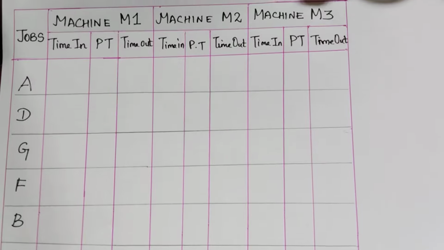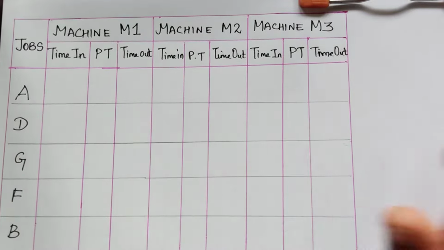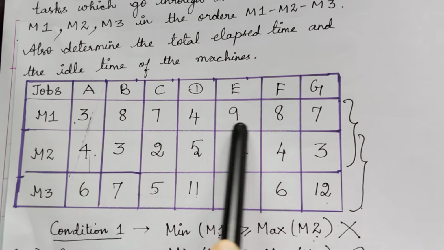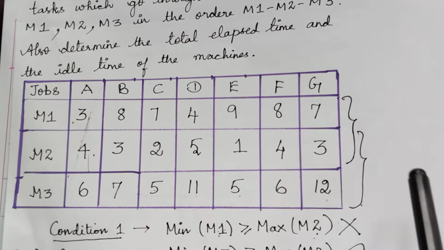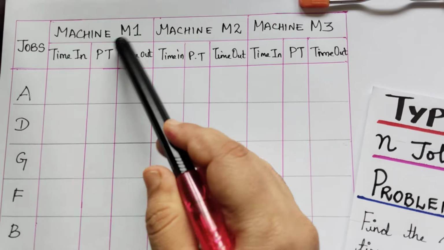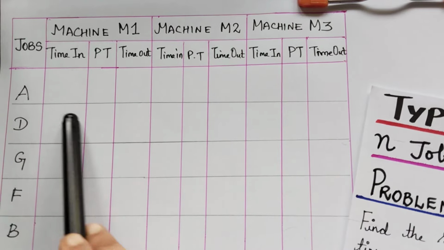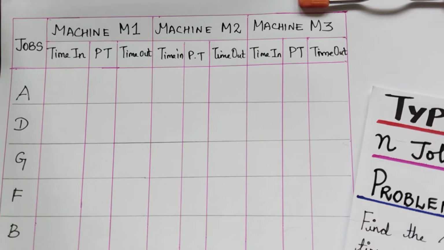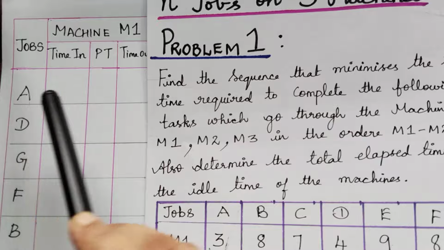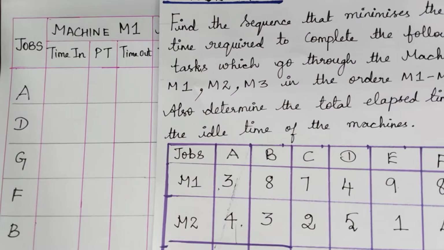Now we shall fill in the processing times of machine 1, machine 2 and machine 3 that we have in the question. So these 3 we have to take and fill in here. Here we fill the processing time for machine 1 for these jobs. That is very important. To avoid confusion, I have drawn the horizontal lines also. First, we have job A, and the processing time under machine 1 is 3.